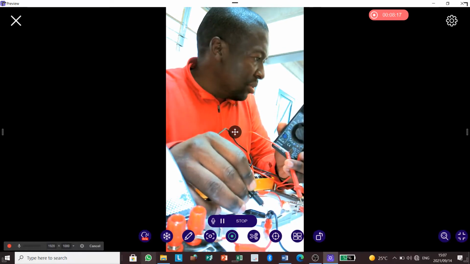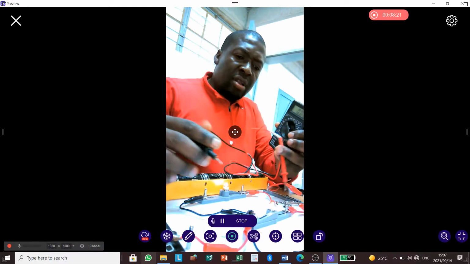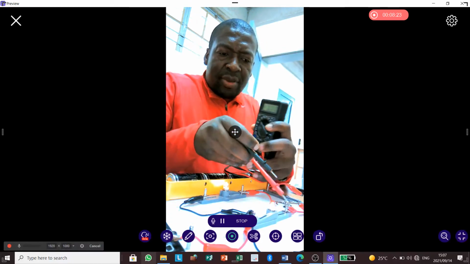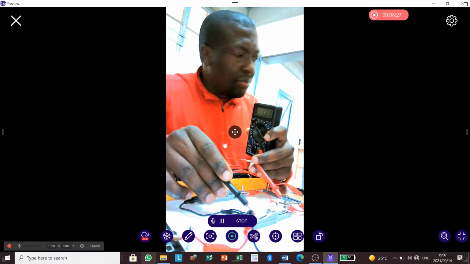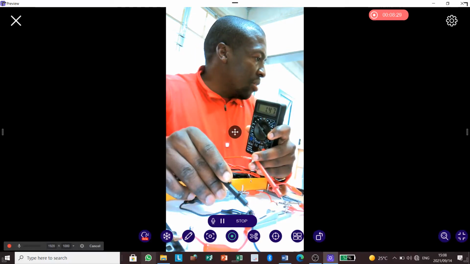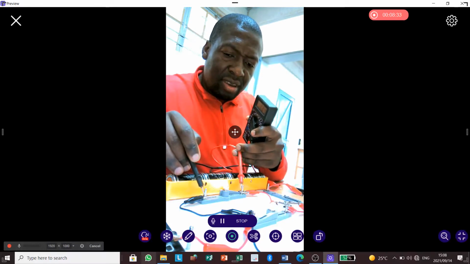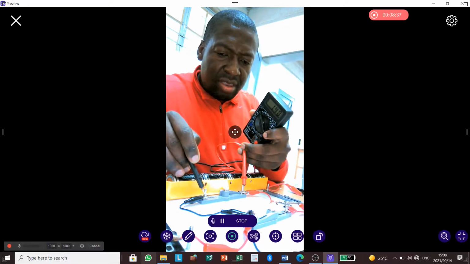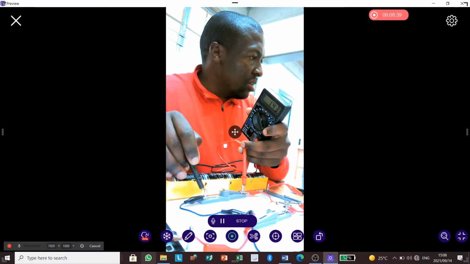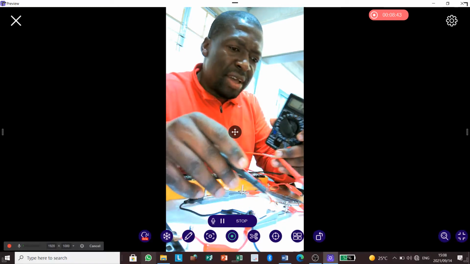Light bulb number 2, let's have a look at it: 1.46. The first one: 1.43. And the third: 1.45.